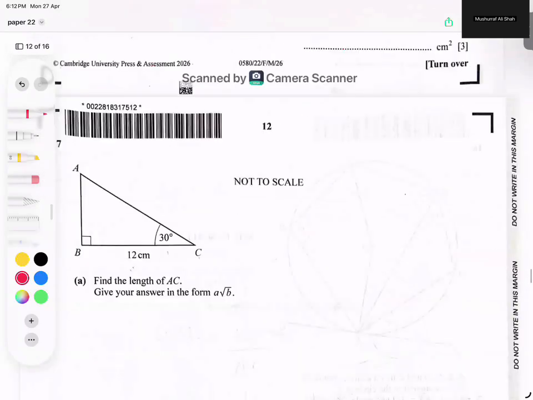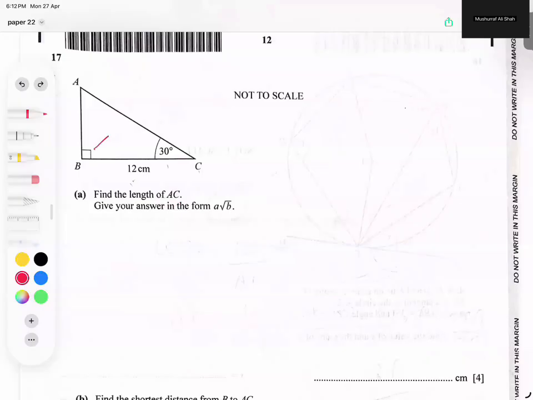Question number 17. He is asking the length of the AC. Where is AC, student? In front of 90, the hypotenuse is this. In front of the angle, opposite is this. And this is adjacent. So we have to use adjacent by hypotenuse. So adjacent by hypotenuse is cos. Adjacent is BC and hypotenuse is, okay, I'm writing directly. Adjacent is 12 and hypotenuse is AC.